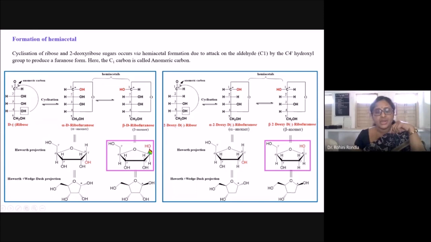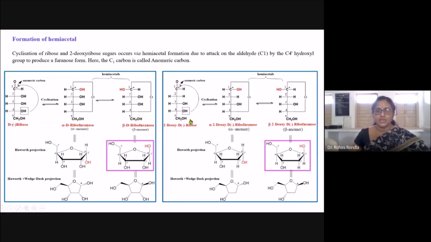So please remember what a beta D ribofuranose or beta anomer is. Whenever you write, you have to write this OH group in the above direction or upside direction. So this is the beta anomer. And remember, in the nucleic acids, this ribose sugar exists in the beta anomeric form, not like this. You can see only this beta anomeric form.